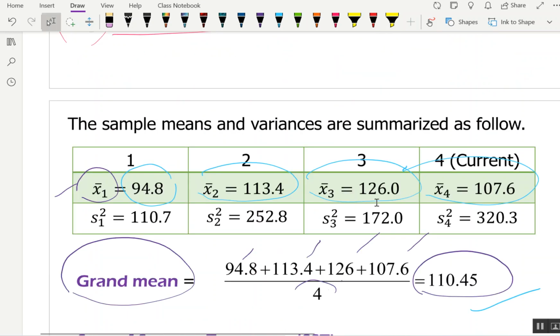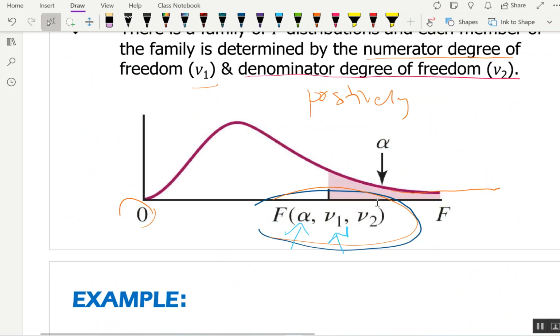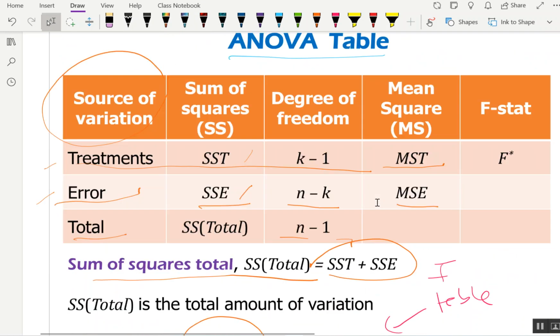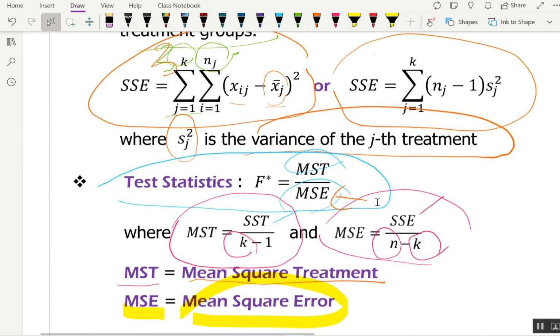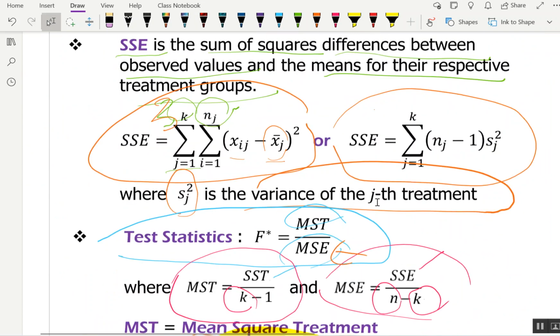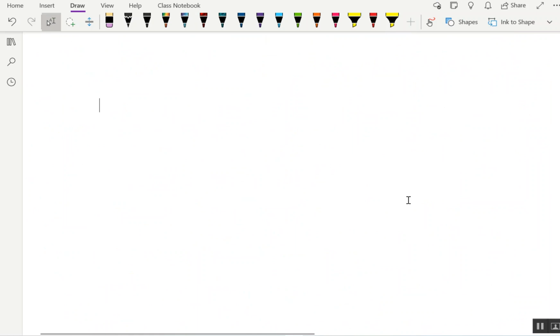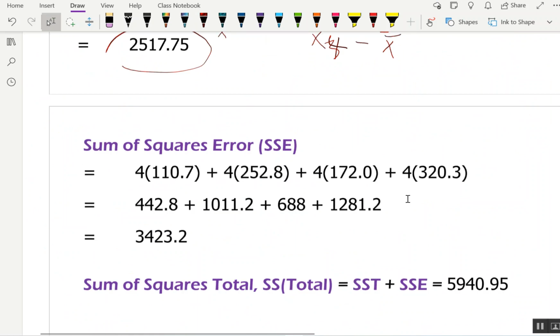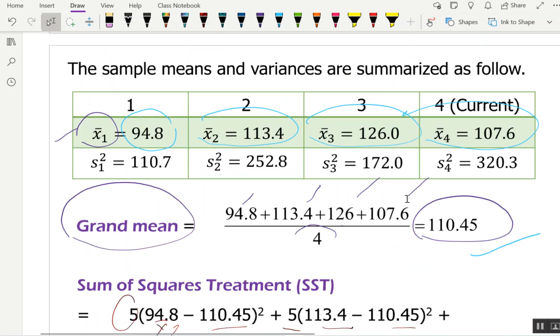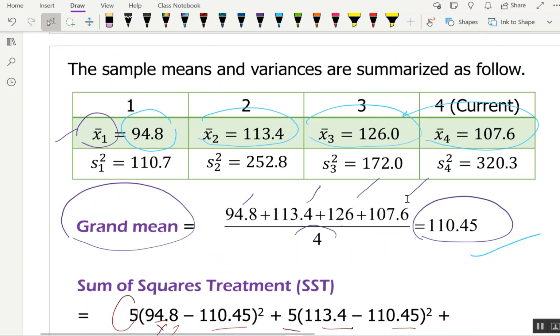Now you go to SSE. For SSE, we take the formula here. How do they calculate it? They take the number of your groups here, which is 4, times the variance.